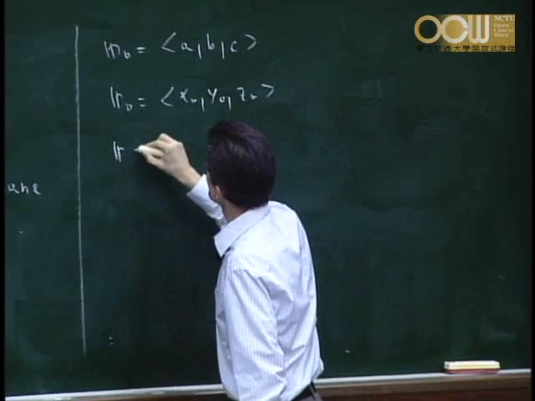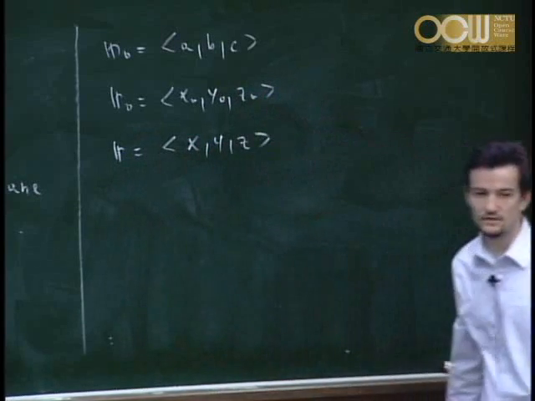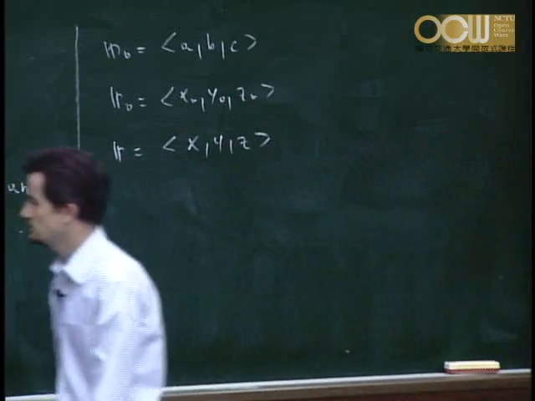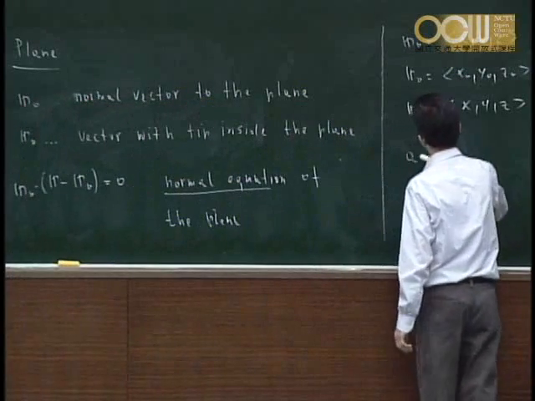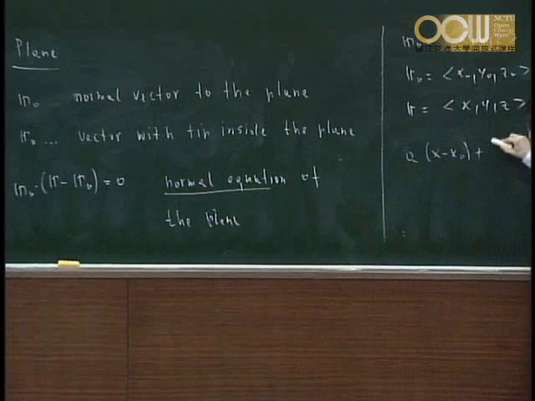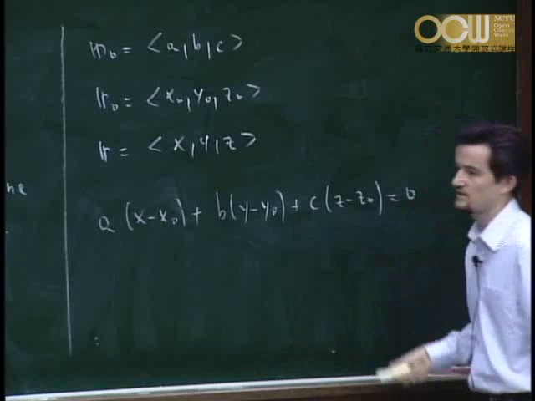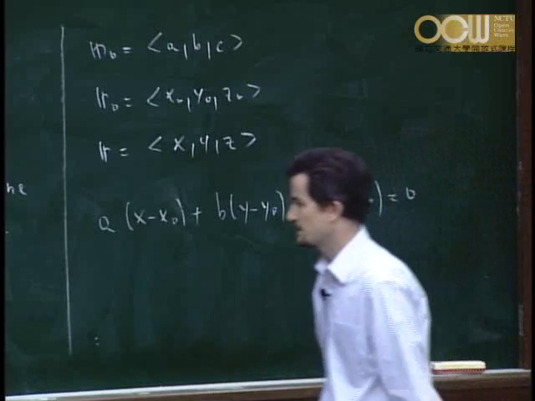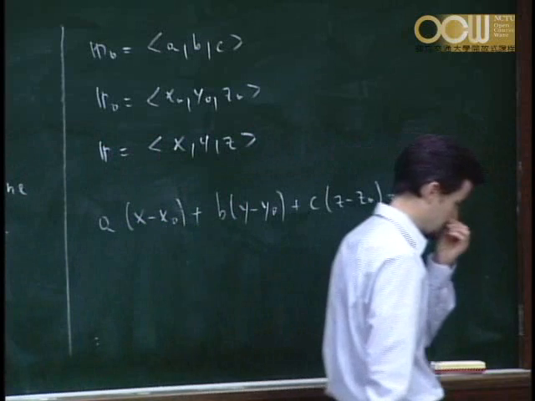Our r is equal to x, y, and z. These are the coordinates of r. And then you can rewrite this as follows. So this means a times (x minus x0) plus b times (y minus y0) plus c times (z minus z0) is equal to 0.